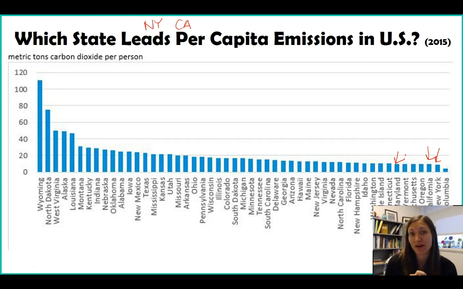So if they want to visit one another, they've got to drive a pretty long distance. It's also cold in Wyoming, so you have a lot of heating costs. Also, Wyoming produces a lot of energy. And because they produce a lot of energy, that makes electricity pretty cheap, meaning people are more likely to use more electricity because it's not that much of a cost for them. The same can be true for North Dakota and West Virginia as well. It kind of explains their high trends.